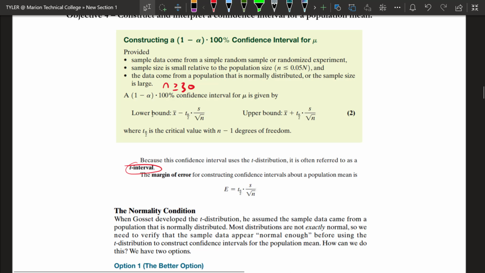You can see there's the equation for the lower bound and the upper bound, and t alpha divided by 2 is my critical value with n minus 1 degrees of freedom, right? This is the equation for the margin of error E. We're taking the critical value times the standard deviation of x bar, which is s divided by square root of n.